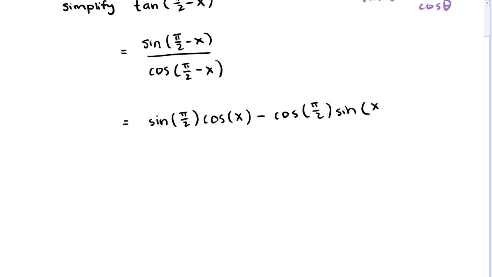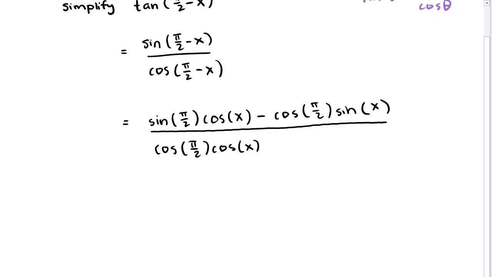And then for cosine, here it's this unmixed sum. So we get cosine of pi over 2 times cosine of x plus sine of pi over 2 times sine of x.